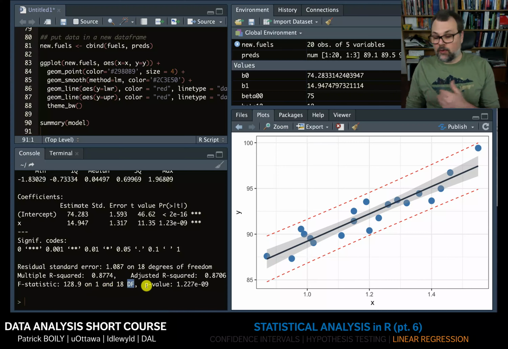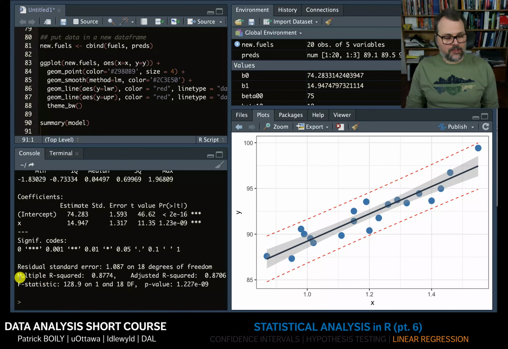Together with the p-value, the probability that the F distribution with 1 and 18 degrees of freedom would give you values greater than 128.9. And you see that this p-value is abysmally small. Right? This F statistic is actually quite significant, which means that we truly believe that the regression is significant.